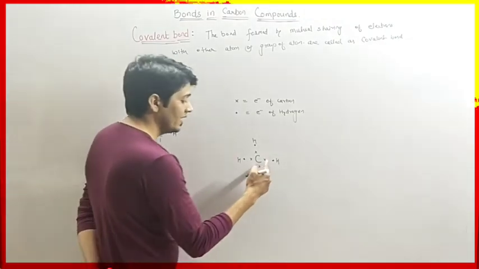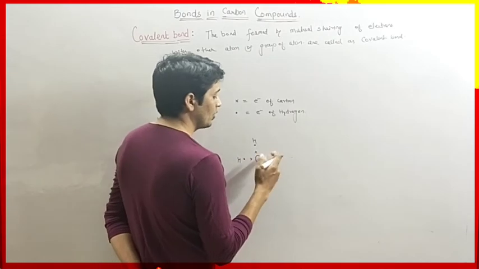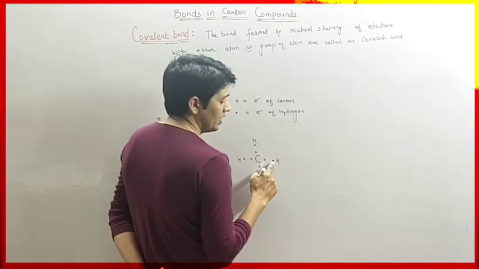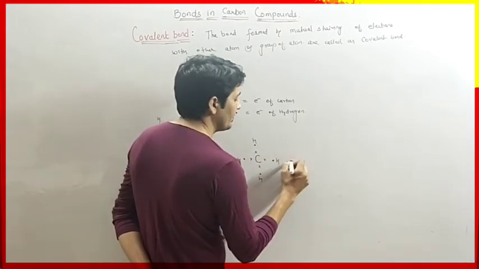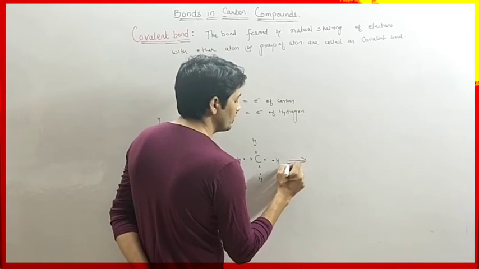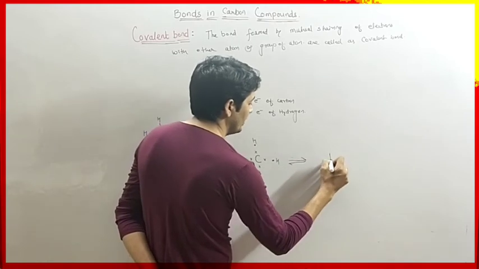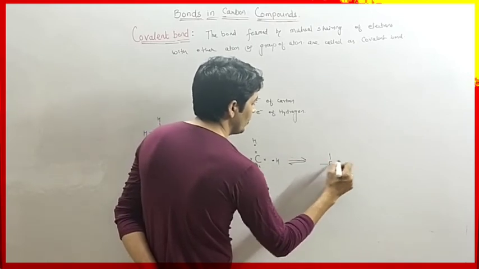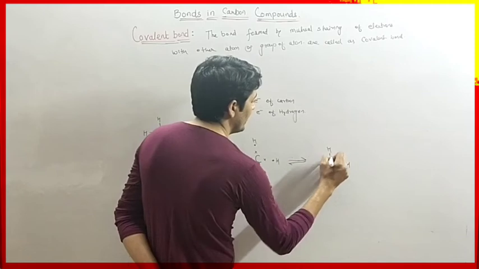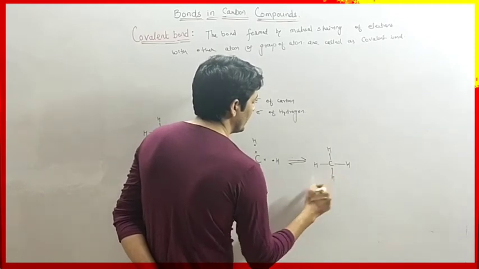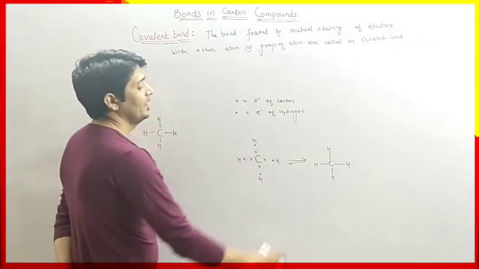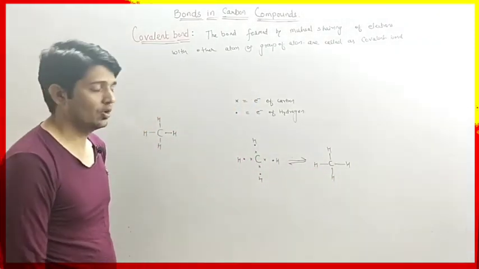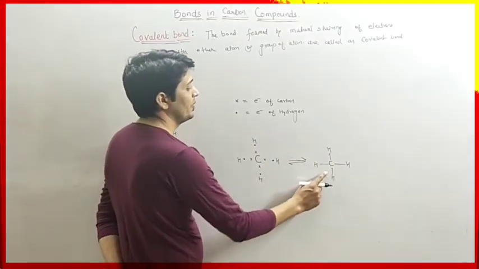Okay, so here they are sharing 4 pairs of electrons between hydrogen and carbon atoms. Therefore it can also be represented as carbon with bonds. Here these are the bonds between carbon and hydrogen atoms. Okay, so this is called the dash structure of methane.